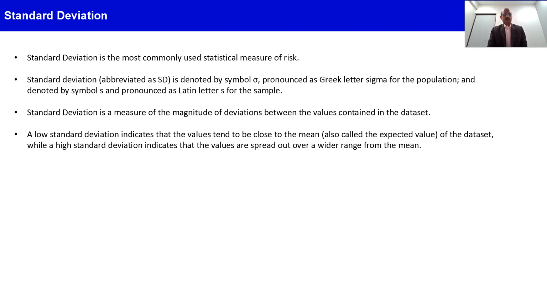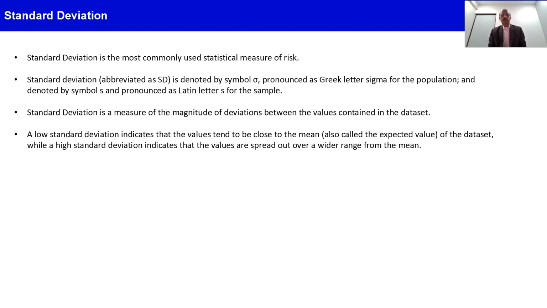Standard deviation. Standard deviation is the most widely used measure of risk, which defines the magnitude of deviations between the values contained in the dataset with respect to its mean value.